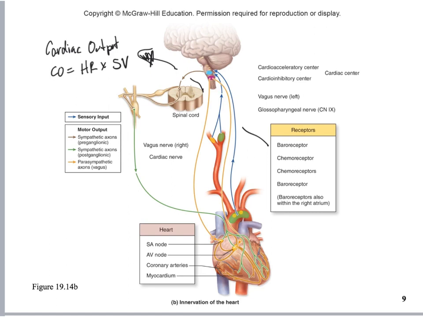Okay? And we're going to come back to cardiac output towards the end of the chapter, but I did want to talk about it now. So you have a cardio-acceleratory center. What's that going to do? Speed up the heart. Cardio-inhibitory center, it's going to slow it down. All right, and your vagus nerve and the glossopharyngeal nerve also have inputs into this.